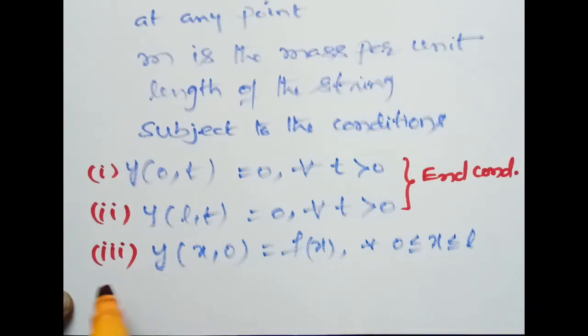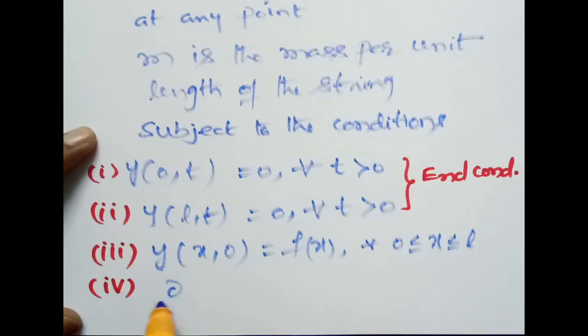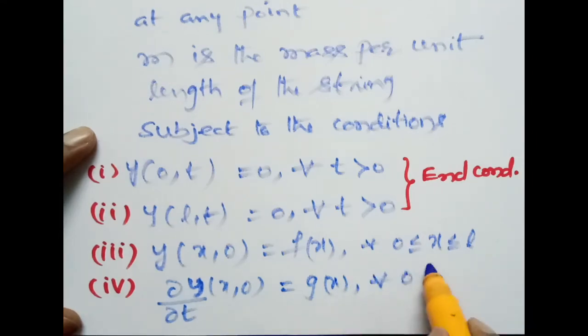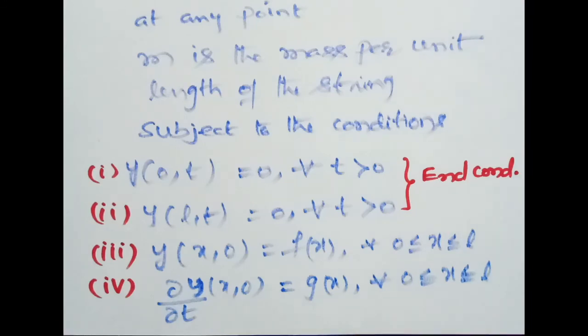Fourth one, initial velocity: dou by dou t of y of x comma 0 equal to g of x for all 0 less than or equal to x less than or equal to L. If it is released from its rest position, then it is 0, or after the equilibrium position, initially we may release the string with certain velocity.